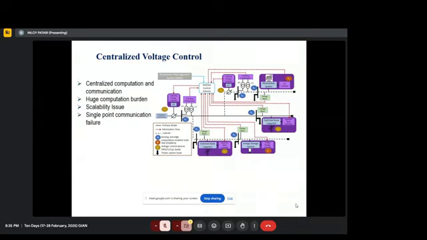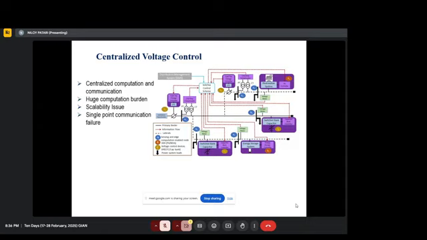So this is what a centralized voltage control looks like. You have this substation transformer, then you have switch bank capacitors and energy storage systems, then you have the photovoltaic system, load tap controller, and all of that. Centralized means, as I was talking about, you have the ADMS, or the distribution management system.